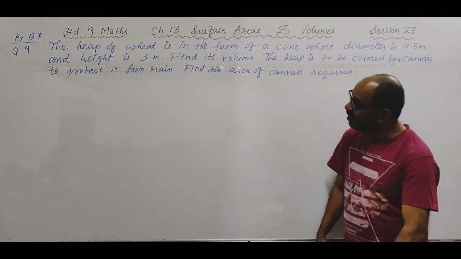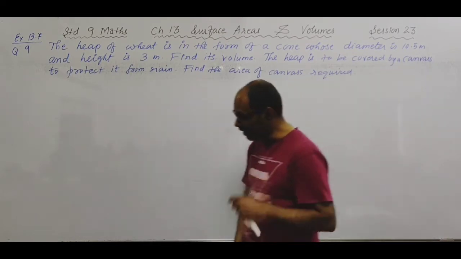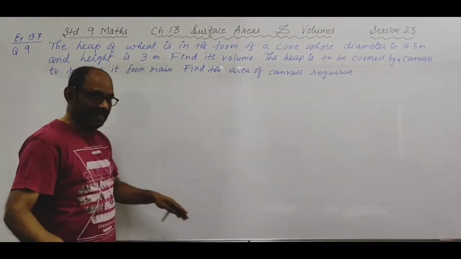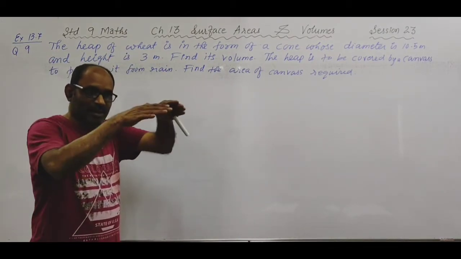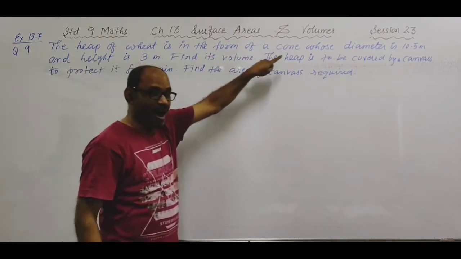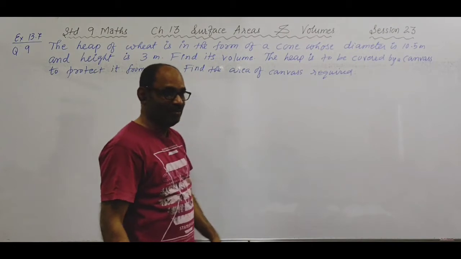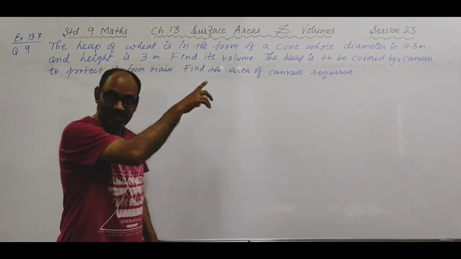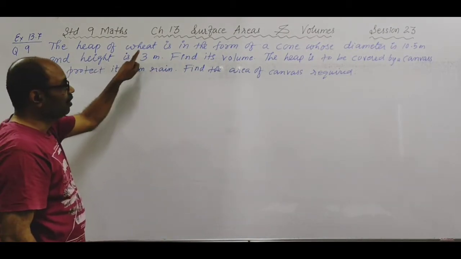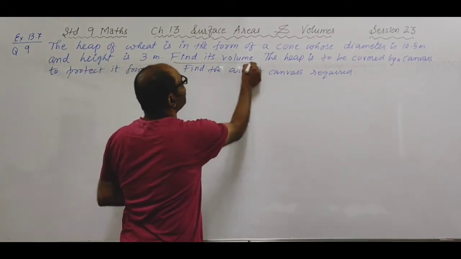Okay, चलिए अभी तो हमें ये क्वेश्चन नंबर 9 को सॉल्व करना है. Let's see the statement. The heap of wheat is in the form of cone, whose diameter is 10.5 meter. It is a multiple of 7 and height is 3 meter. Find its volume. So that is your first target.